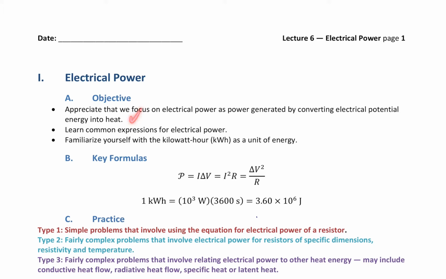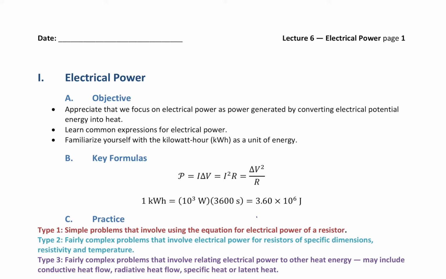We want to appreciate that we focus on electrical power as power generated by converting electrical potential energy into heat. Okay, this is the same electrical potential energy that is equal to a volt times charge, V times Q. I bring that up because there are other forms of electrical power.